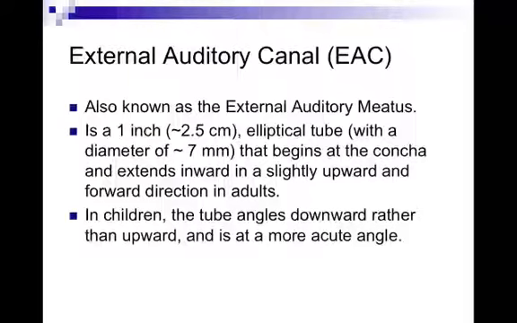In children, it's more straight, and it's around the age of 3 years, when the jaw drops and the face becomes more elliptical, that you get the downward shaped pinna and external auditory canal. Okay, it's the shape of the external auditory canal that necessitates orienting the external canal upwards and backwards when we're trying to examine the tympanic membrane using an otoscope.